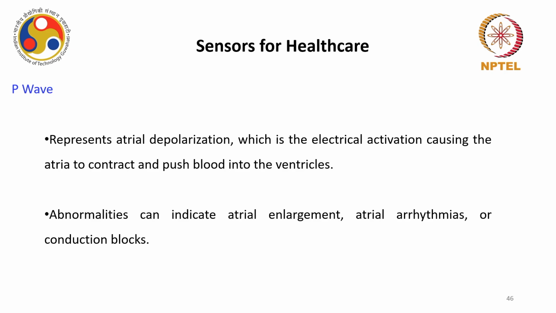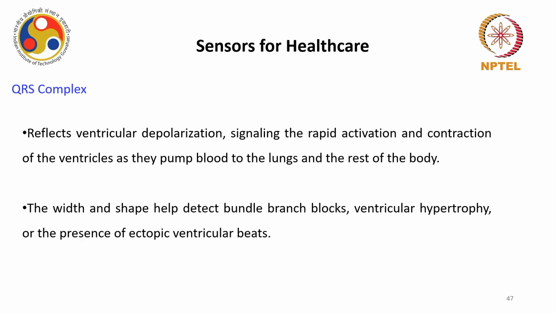Okay. So, P waves, we already understand what P waves are. It represents the atrial depolarization, which is the electrical activation causing the atria to contract and push blood into the ventricles. Okay. And abnormalities in this P wave can indicate a number of heart conditions, including conduction blocks. Okay.